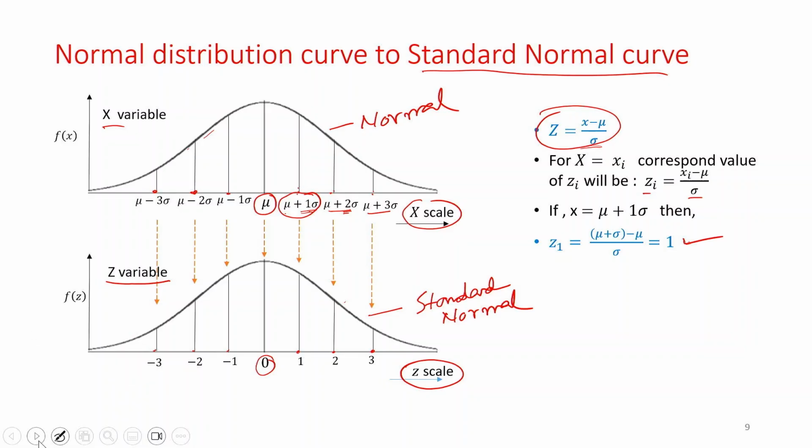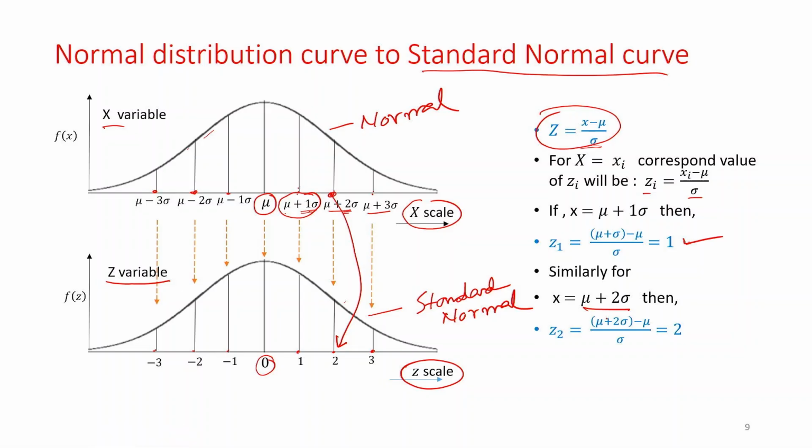Similarly, for mu plus 2 sigma, this particular point, what will the corresponding z value be? In the same equation, z equal to x minus mu by sigma, we replace x by mu plus 2 sigma minus mu. So mu and mu will cancel, and we are left with 2. So this mu plus 2 sigma point is equal to 2 on the z scale.